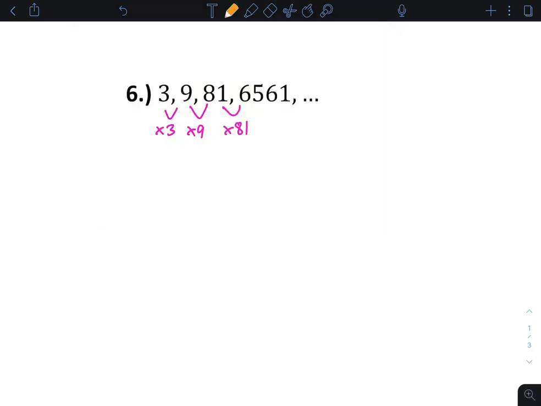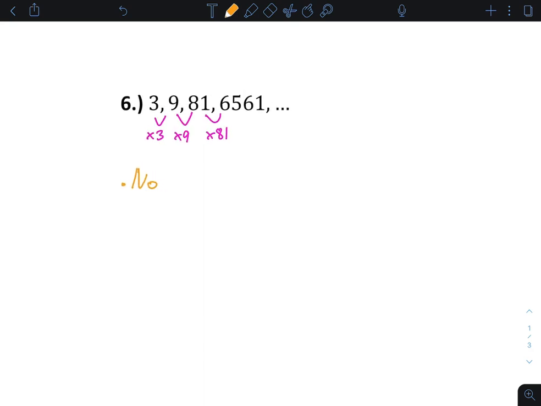Now, even though it's multiplying, this is not a geometric sequence because there's not a common ratio. While yes, they are multiplying, they're not multiplying the same number. So number 6 is no. This is not a geometric sequence.